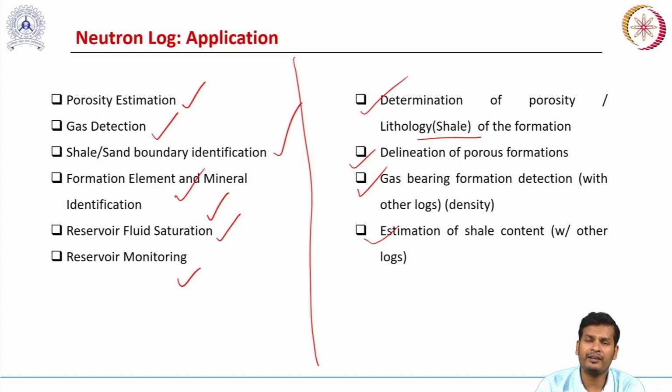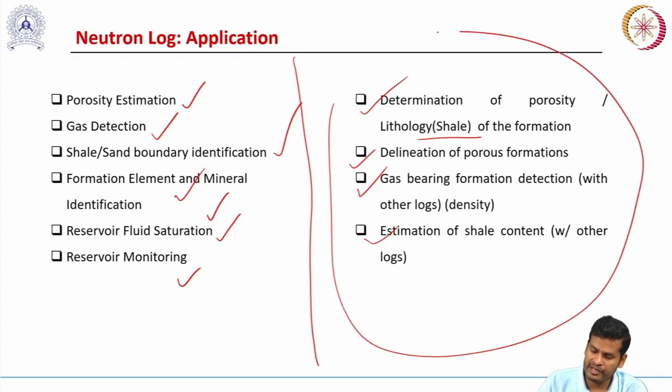Different conditions inside the reservoir might prevent the use of the gamma ray log. In that case, density and neutron logs can be used together to give us an idea about the shaliness of the formation. So after the gamma ray logging tool, probably the neutron and density log combination is one of the best methods available to calculate the shale content of the formation. So these are the applications that we will be focusing on in this course.